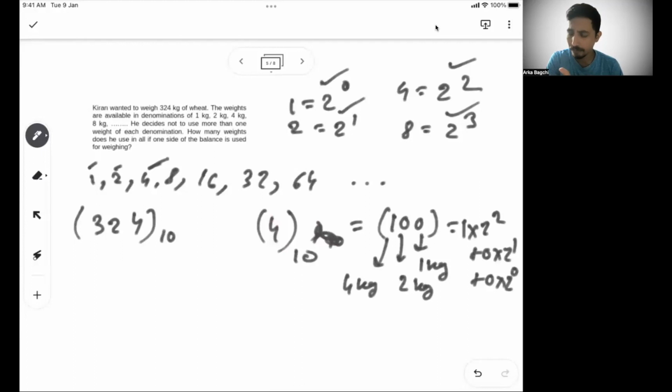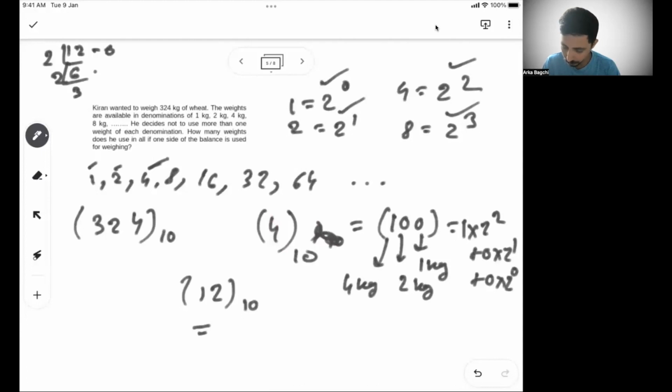Let's take a different example. Let's say he has to weigh 12 kg. So 12 in decimal, if I convert it into a binary number, 12 divided by 2 is 6, remainder 0; 6 by 2 is 3, again 0; 3 by 2 is 1, remainder 1; and then 1. So 12 in base 10 is nothing but 1100 in base 2.